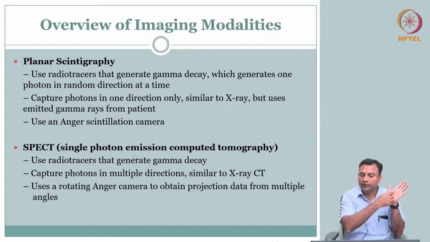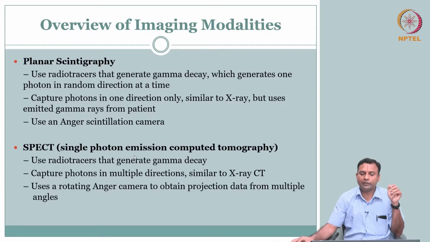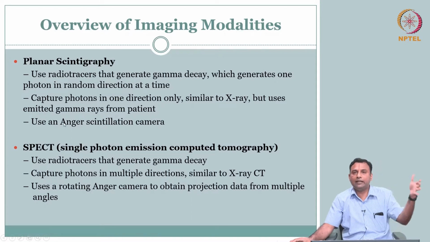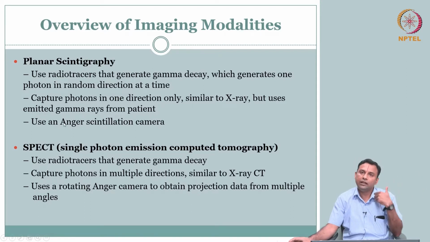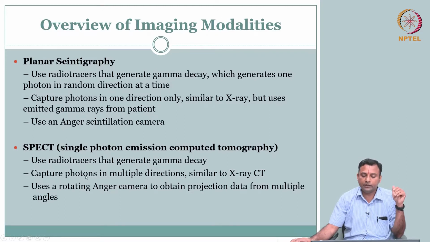Single photon is counted and you get the image, very similar to your planar scintigraphy. However, you collect this data from different views and back project it. So here it is the same concept, it is just that it uses a rotating Anger camera so that you can get it from different views.